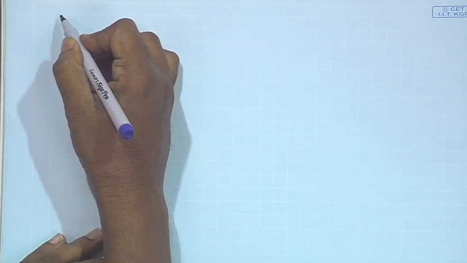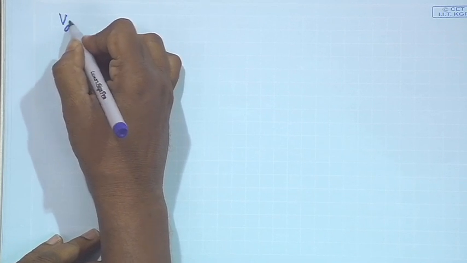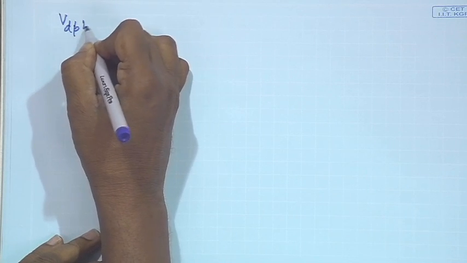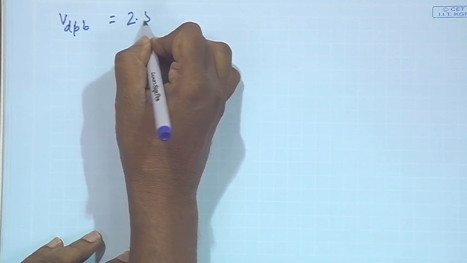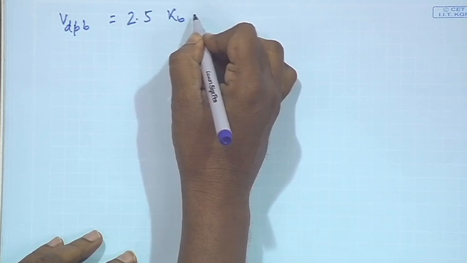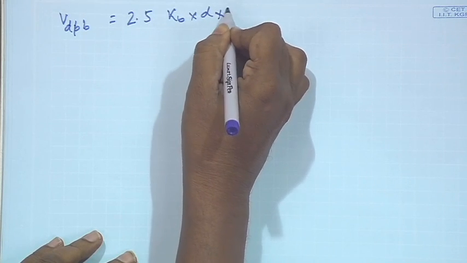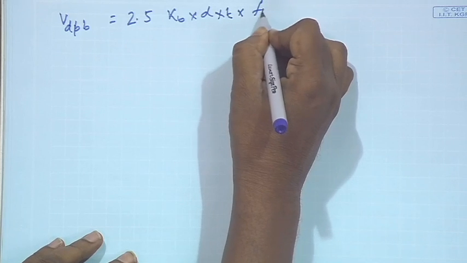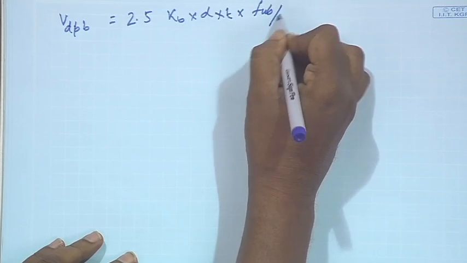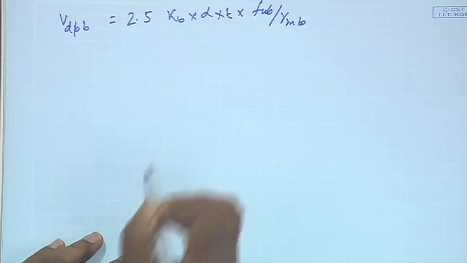Therefore, we need to know the distribution of the bolt, number of bolts, all details. Again, bearing strength of bolt VDPB, if I say, it will be 2.5 kb into D into T into FUB by gamma MB, right.